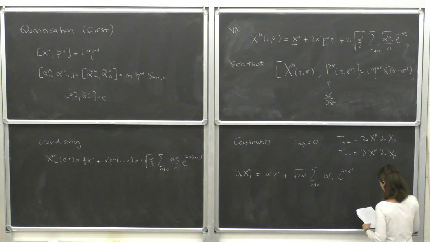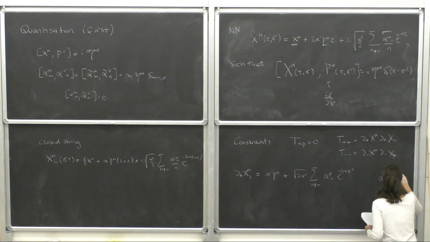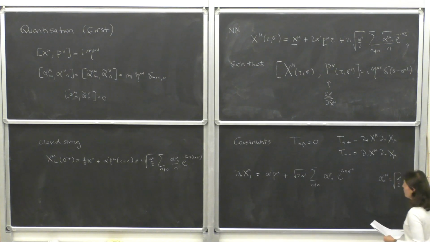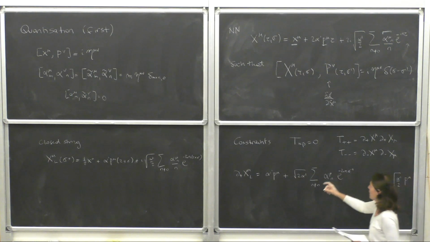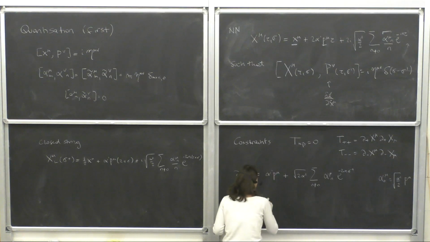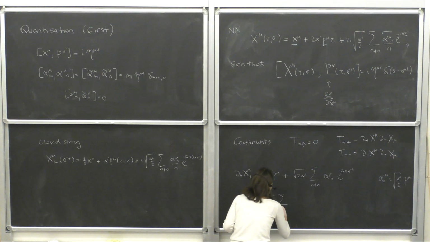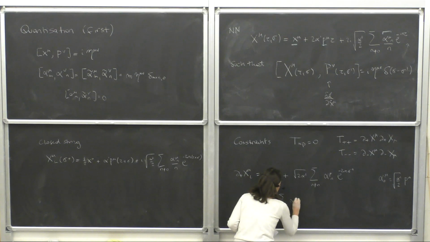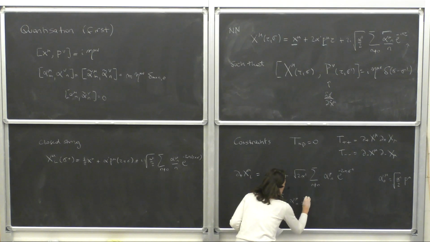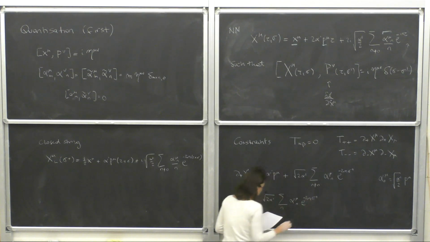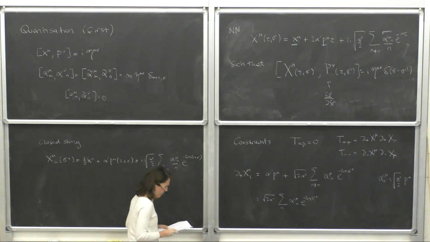If I define alpha 0 mu to be square root of alpha prime over 2 p mu, center of mass position, then this is all square root of 2 alpha prime, the sum over all n, alpha mu n e to the minus 2 i n sigma plus.